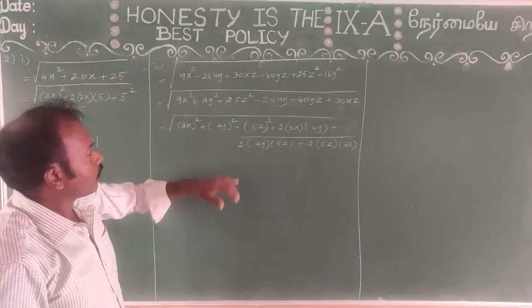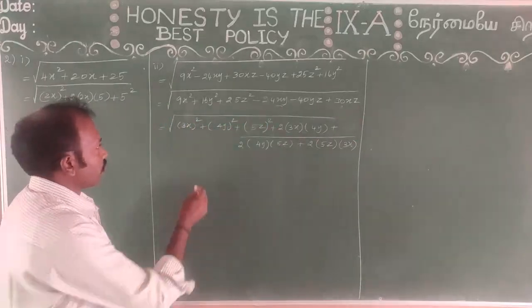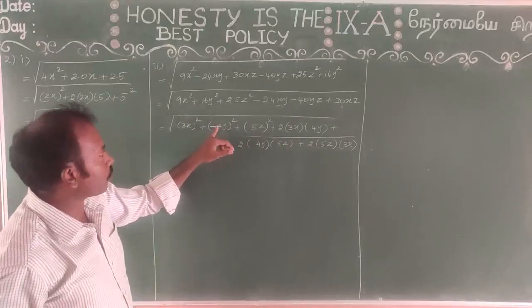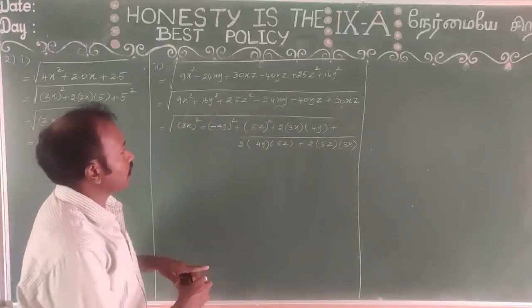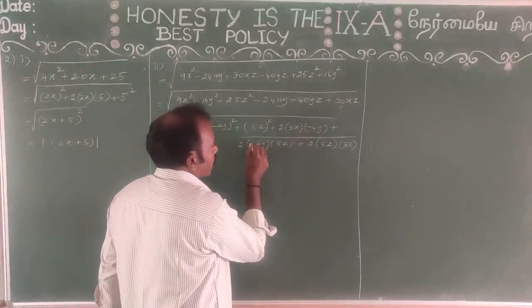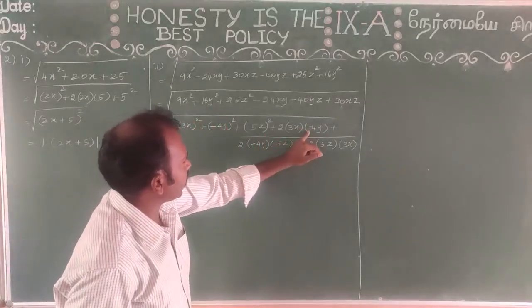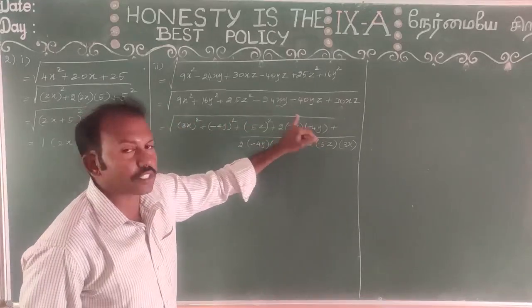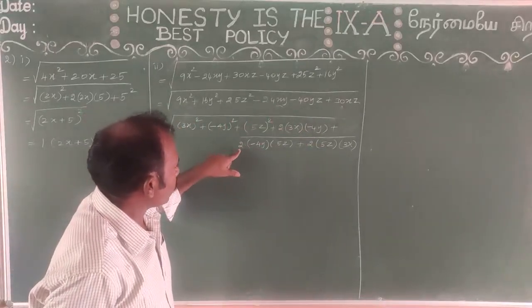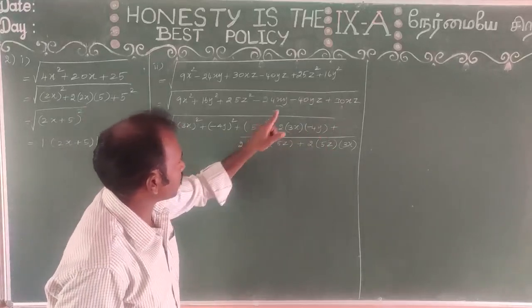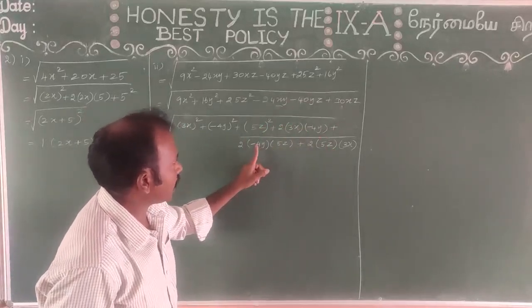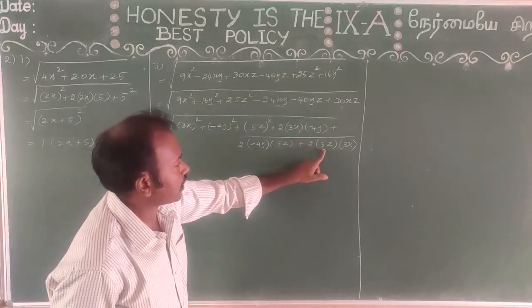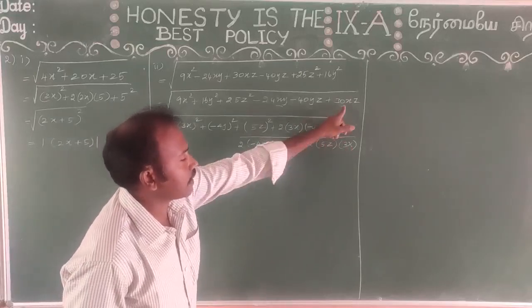Sir, okay sir, but here there is a minus, right? So minus 4y the whole square, minus 4y squared gives plus 16y square. So minus 4y, then plus into minus: 2 3s are 6, 4s are 24xy, right? And also plus into minus: 2 4s are 8, 5s are 40 into yz, then 2 5s are 10, 3s are 30 into xz.